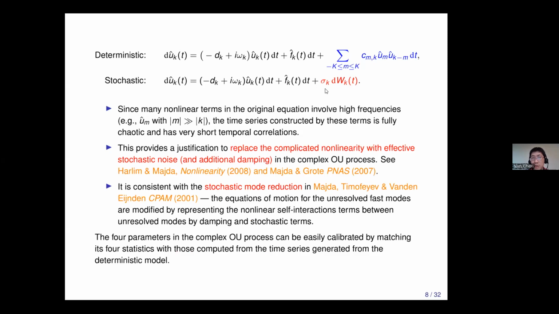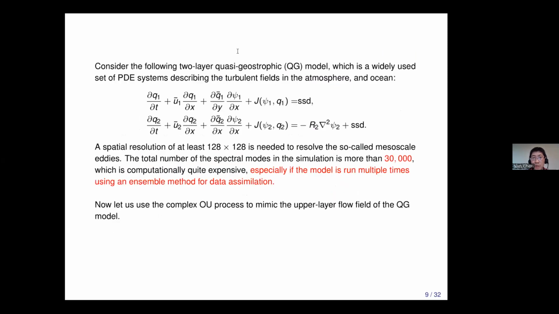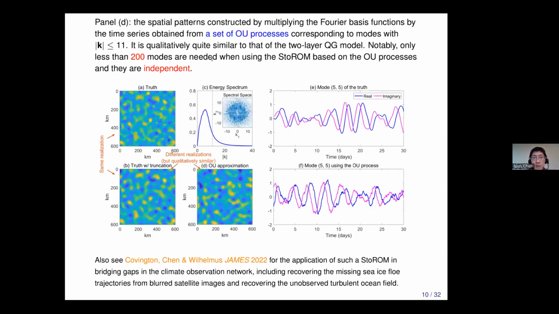So it's much cheaper. And comparing with the original 30,000 modes to solve a QG model, I only use 200. So computationally, it's much cheaper. You spend like 3-5 seconds to get all these simulations, compared with like 20-30 minutes using the original model.